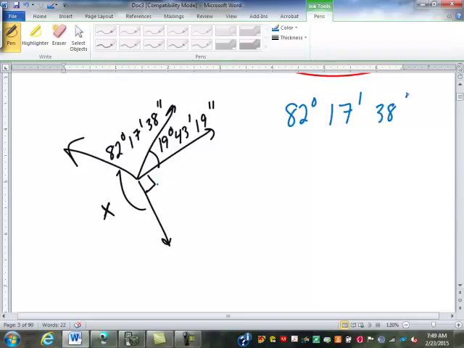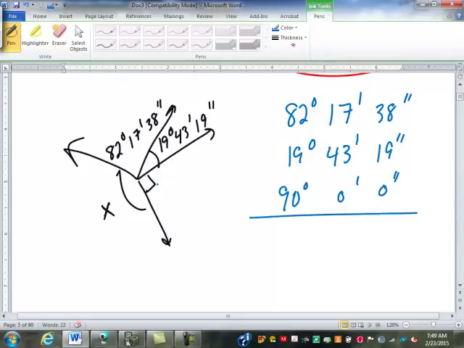17 degrees, 38 minutes, 19 seconds, okay. 43 minutes, 19 seconds, yeah. So 90 degrees here, 0 and 0. Okay, so 38 and 19, 57. 17 and 43, 60.